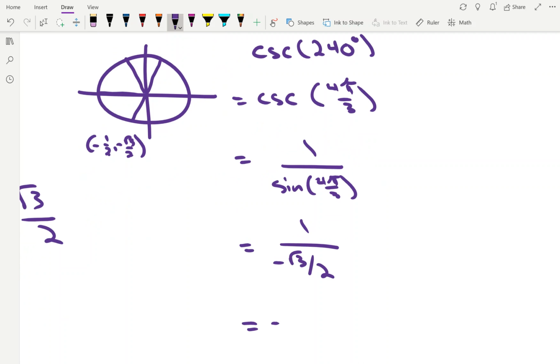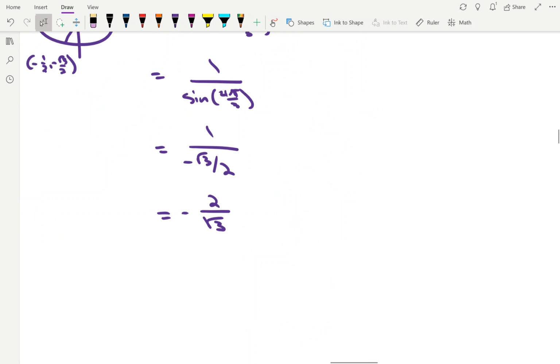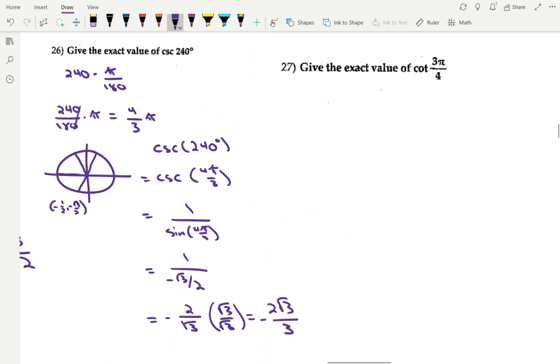And if you multiply by the reciprocal, you get 2 over root 3. And the madness still hasn't ended because you might have to rationalize this guy. So we'll multiply by root 3 over root 3, some form of 1 that doesn't change the value of your number. And root 3 times root 3 is just 3, so your answer should be negative. Don't forget the negative 2 radical 3 over 3.